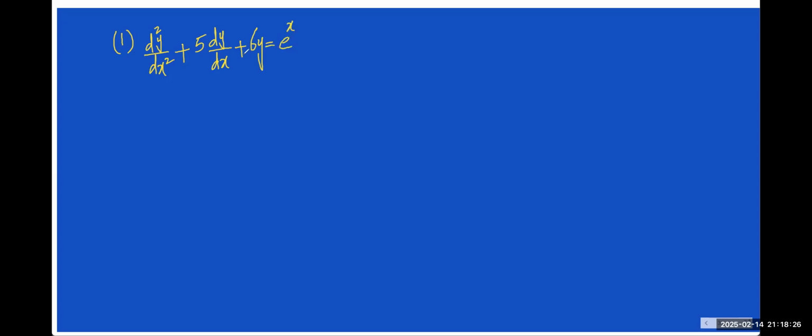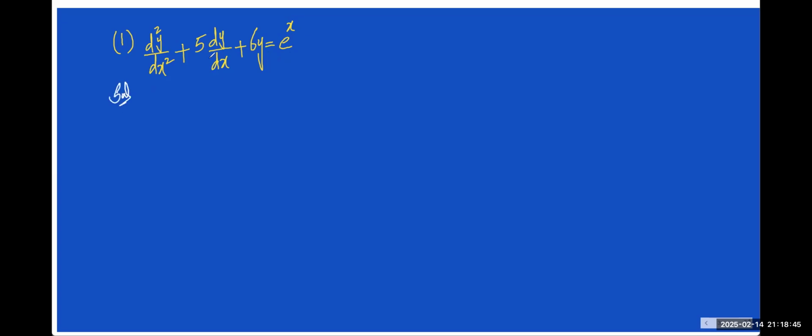If you come across a situation where the right hand side value is e power x, this type of equation is called a non-homogeneous differential equation. So let us see how to get the solution of this.